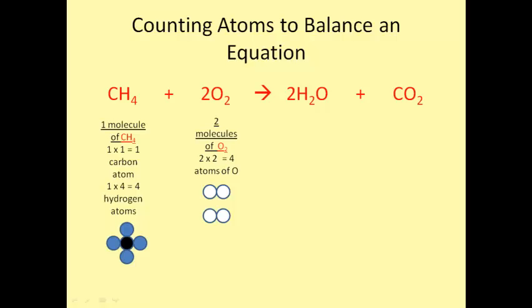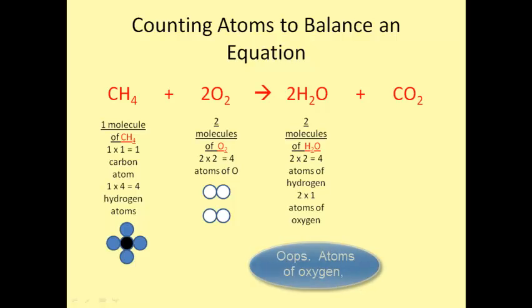When methane and oxygen combine or react, they produce water and carbon dioxide. Specifically, there are 2 water molecules produced, and in each water molecule there are 2 hydrogen atoms, so that gives us a total of 4 hydrogen atoms altogether in 2 molecules of water, and there are 2 oxygen atoms shown because there's 1 in each one of the 2 water molecules.